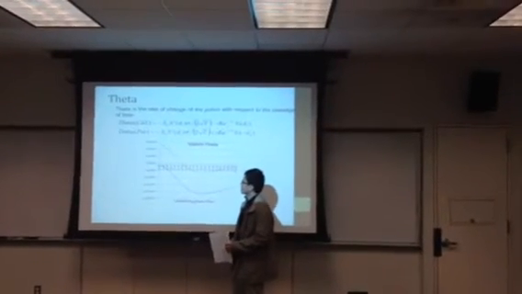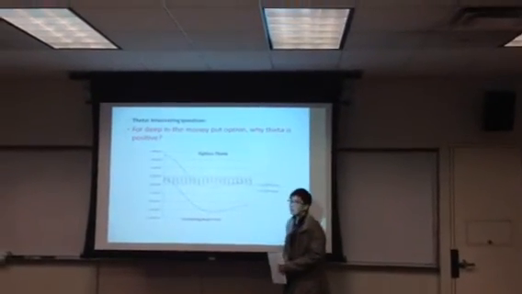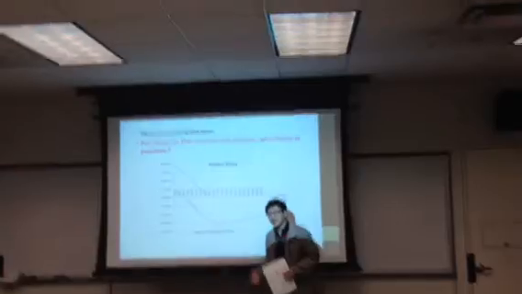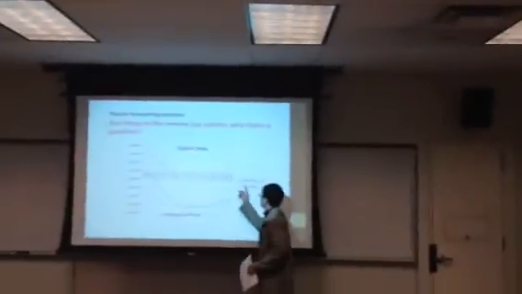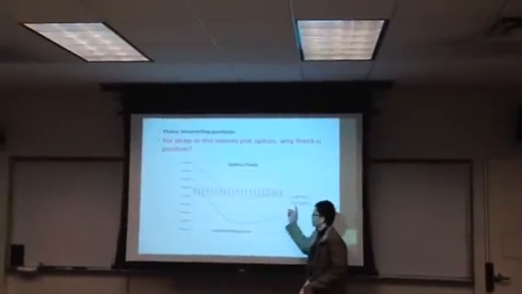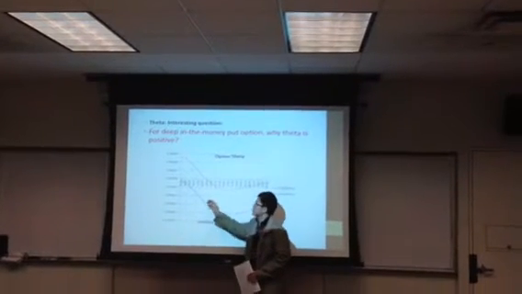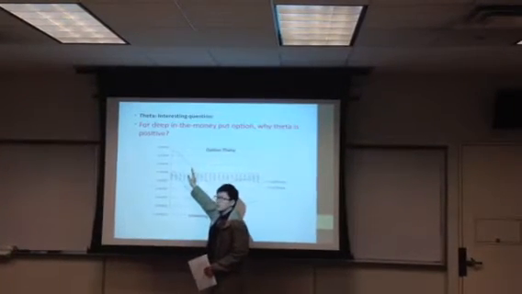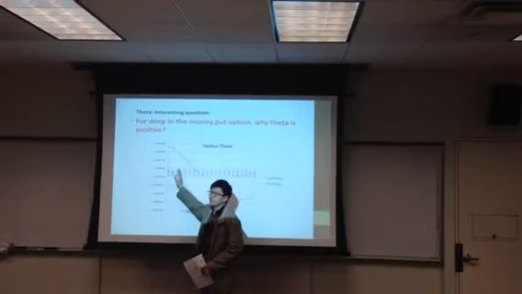Okay, go next. This is very interesting. I want to explain this because let's say put option. The theta of put option, especially for the put option that is deep out of the money here.